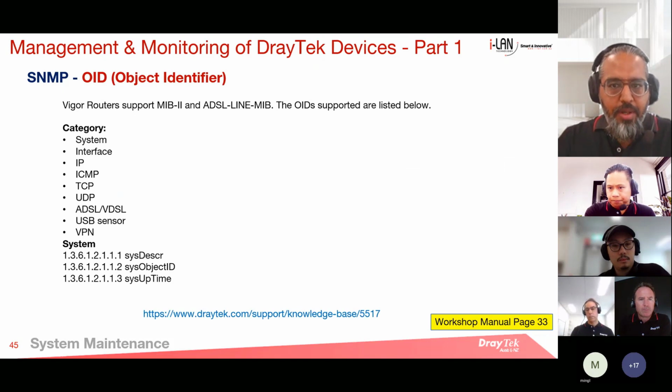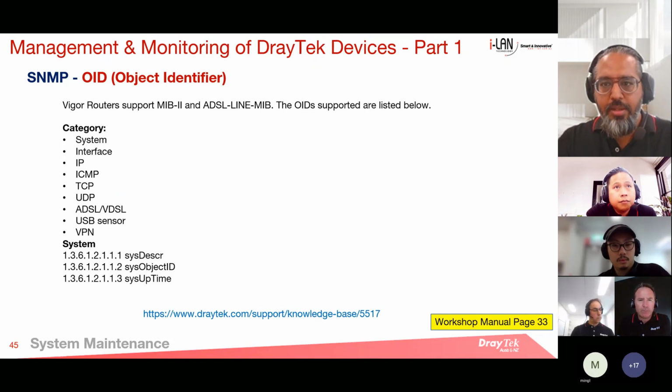So DrayTek Vigor routers support MIB2 and ADSL line MIBs. DrayTek have provided a list of OIDs that are supported in the latest firmware and covers several categories that are listed on your screen. The list is available in the knowledge base article 5517 that Roy's just posted in the chat. The OID is in numerical dot format.